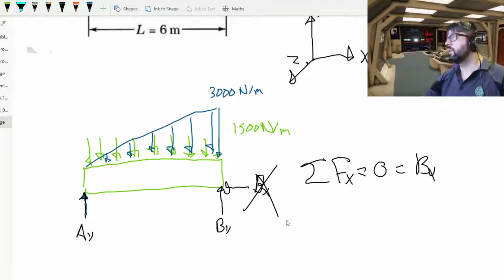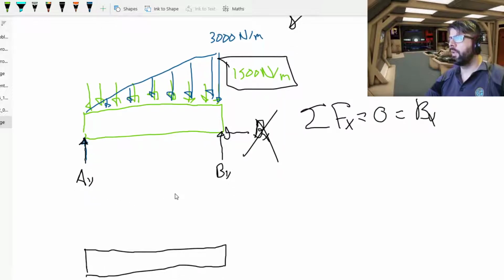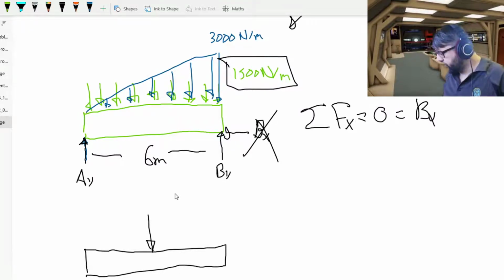For the 1500 newtons per meter uniformly distributed load, we've got 6 meters, which means we will have a force smack dab in the middle of 9 kilonewtons.